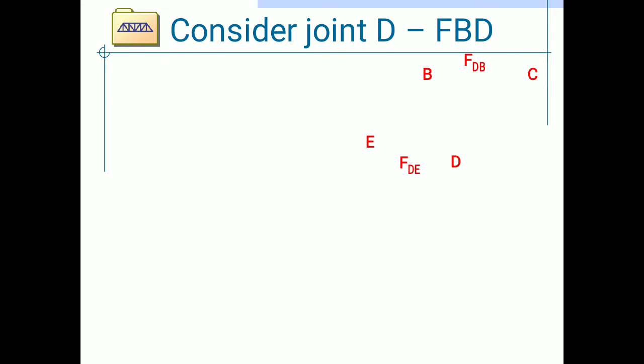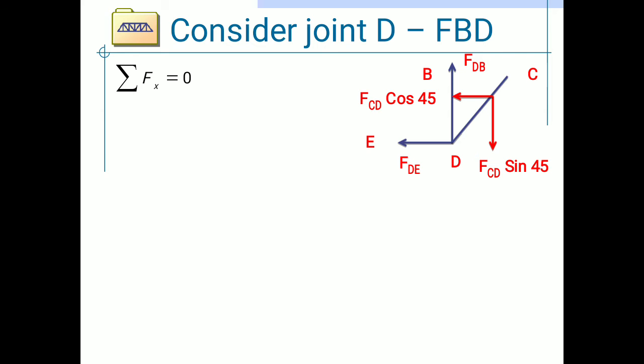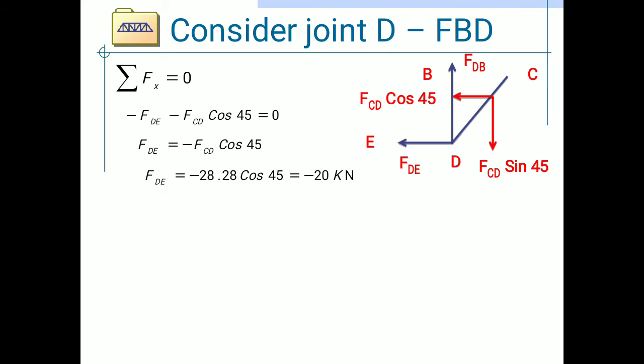Now consider joint D and draw a free body diagram at joint D. By resolving DC, and applying the equilibrium condition summation Fx is equal to 0, we will get FDE minus 20 kN.